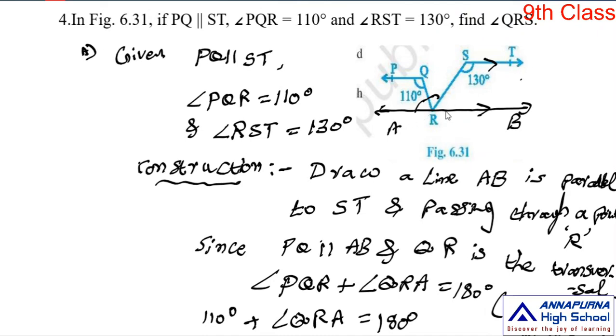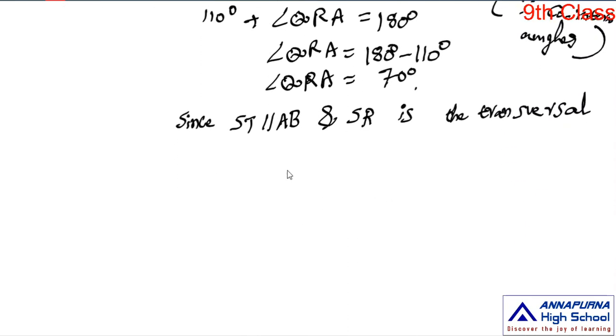ST is parallel to AB, so angle RST and angle BRS are co-interior angles whose sum is 180 degrees. Angle RST plus angle BRS is equal to 180 degrees, since co-interior angles.